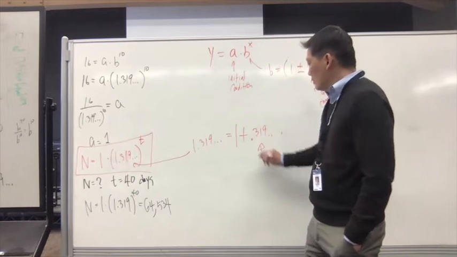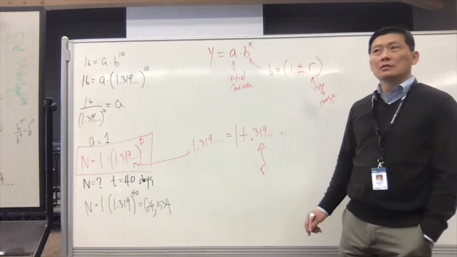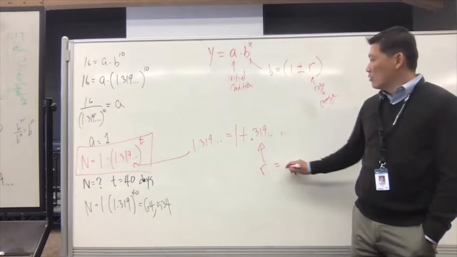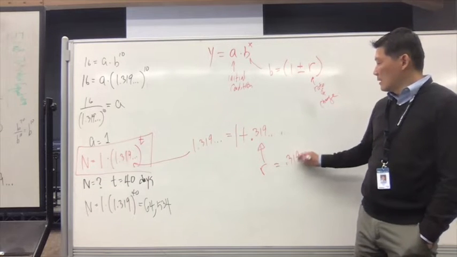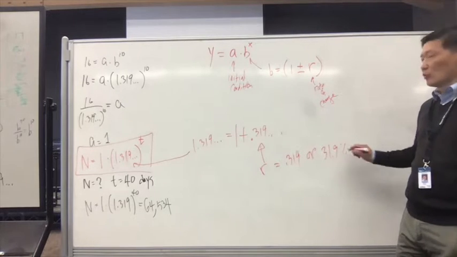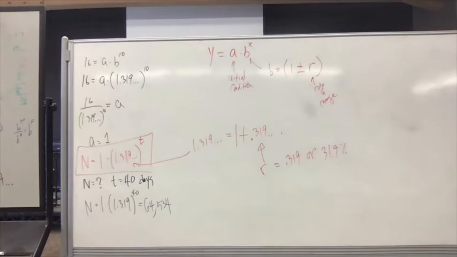So this one is your R value, right? That means this infection is growing at 0.319, or a 31.9% daily growth rate. That's called the rate of change.